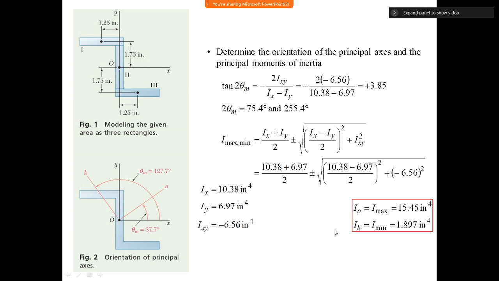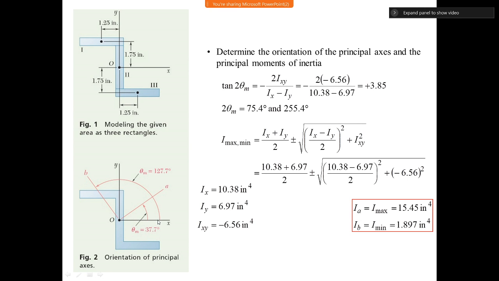From these equations, we get this. So now let us understand the physical interpretation of all these equations and numbers. As I said, this is the original structure, and let's say we want to rotate or bend this structure about x and y, then we have Ix, Iy and Ixy. But now we want to find special axes, which are called principal axes, which we found comes out to be at 75.4 divided by 2, which is 37 degrees here, and 127 degrees here.